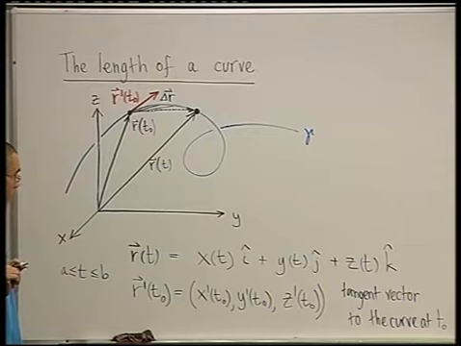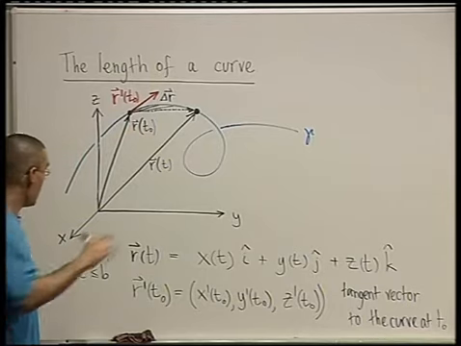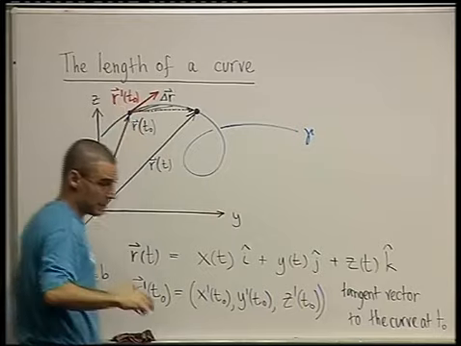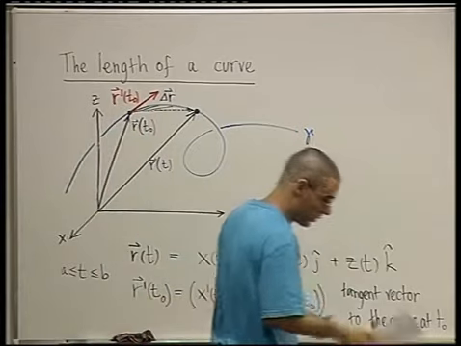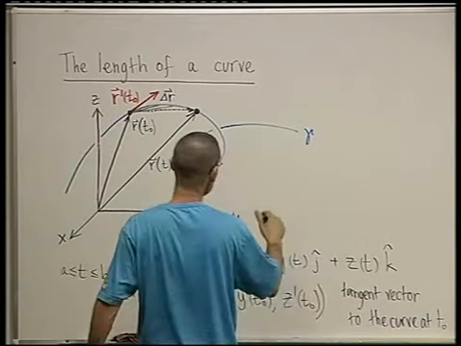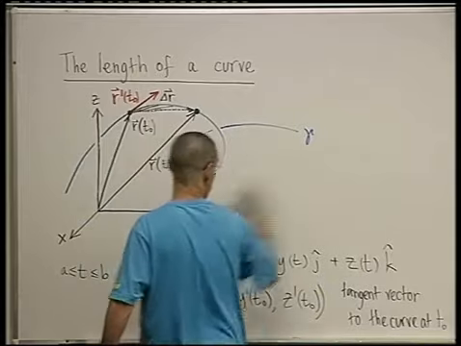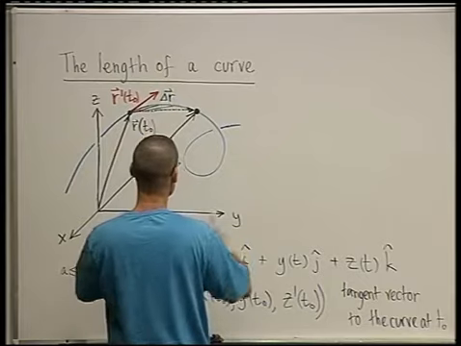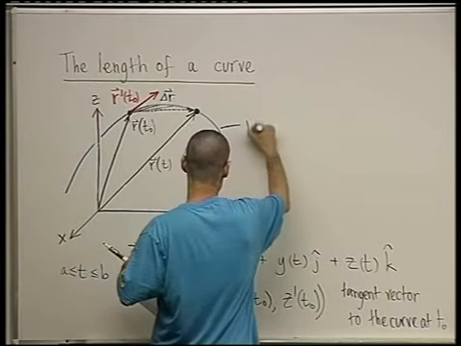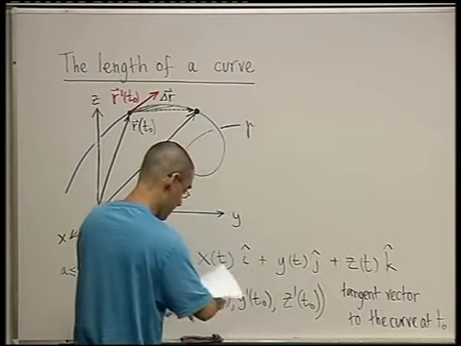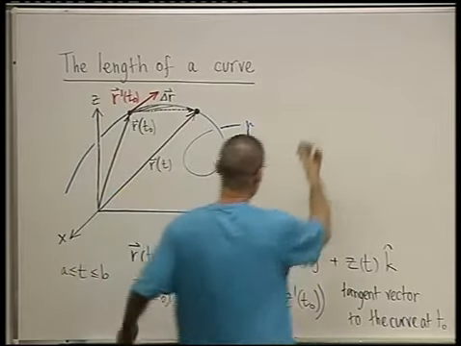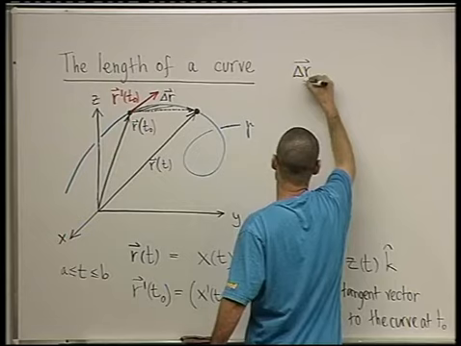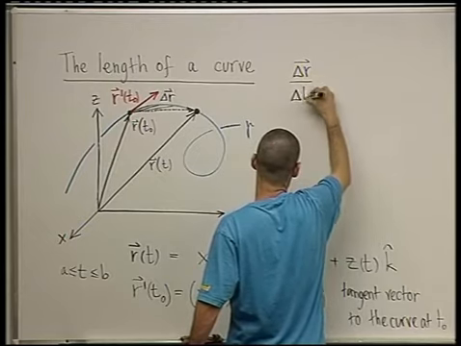Okay. And how did we get this r prime of t0? I want to remind you of that because that's going to be useful. So let's chop off gamma a bit to get some more space. What we did is we took delta r and divided it by delta t.